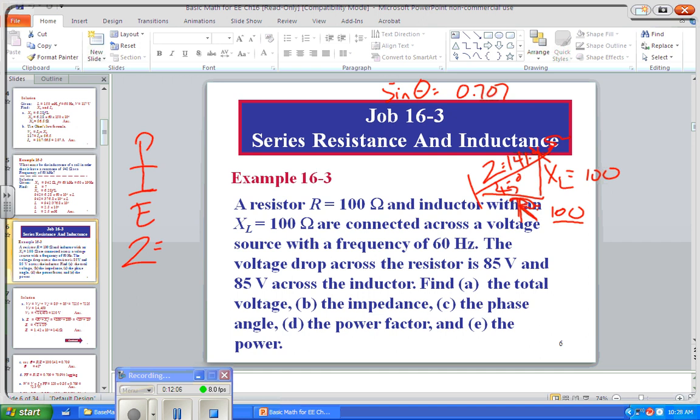That was in the good old days of just DC with resistive circuits only. Now we're in AC where it might be resistance, inductance, capacitance, and some other things. And so now we have a Z, 141.4. We have a given voltage, 85 volts. It's PEIR, sorry.